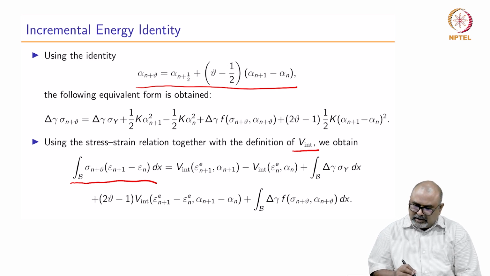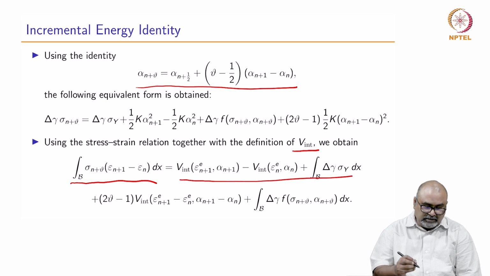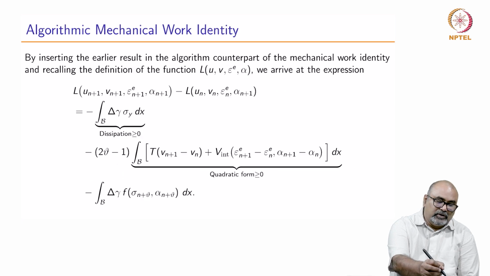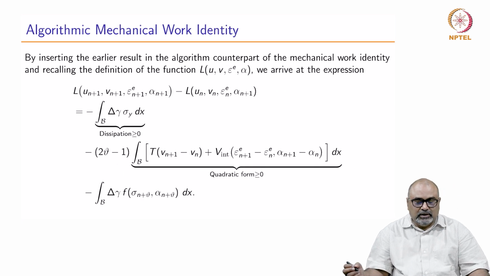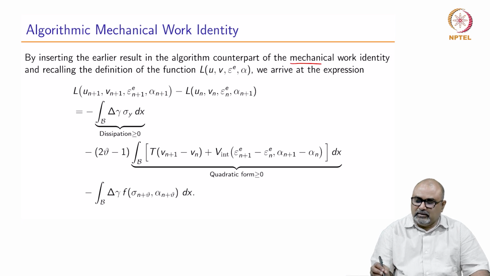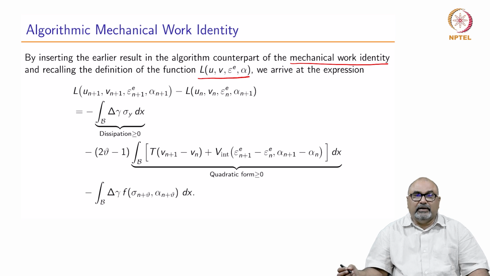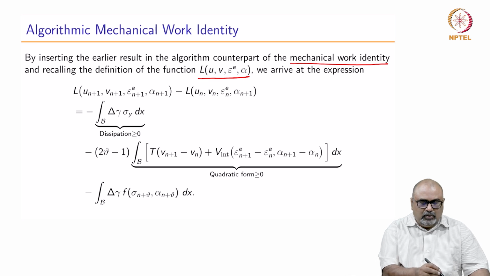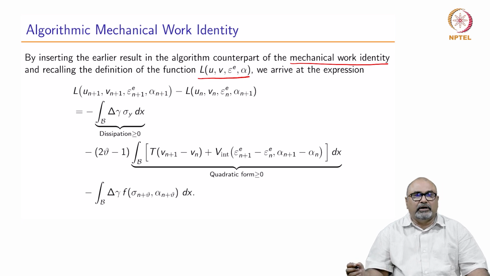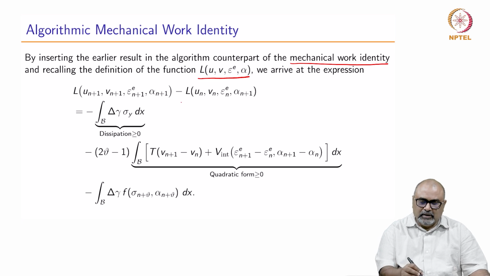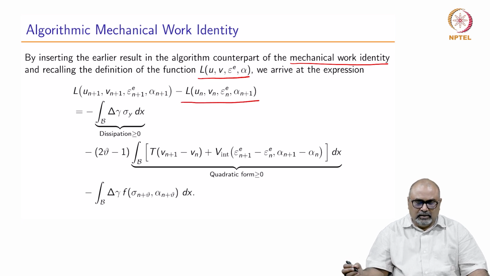So, this internal force can be written in this fashion in terms of the delta gamma sigma n plus v during the plastic process. By inserting these equations in the algorithmic counterpart of mechanical work identity and recalling the definition of the functional L u v epsilon e comma alpha, we can arrive at the term L of u n plus 1 v n plus 1 epsilon n plus 1 e comma alpha n plus 1 minus L of u n v n epsilon n e comma alpha n plus 1 as equal to integral over the domain delta gamma sigma y into dx.